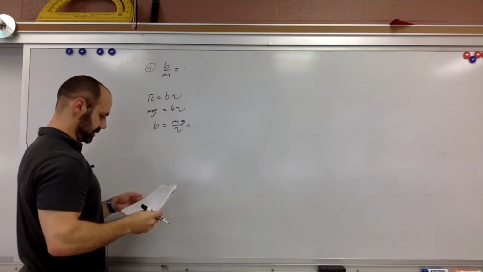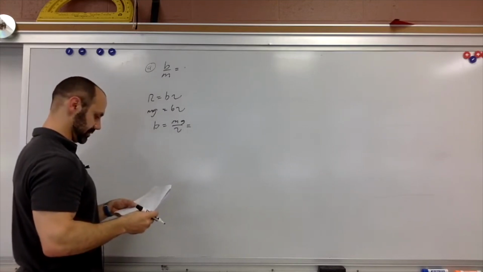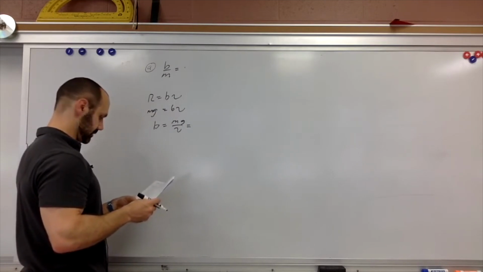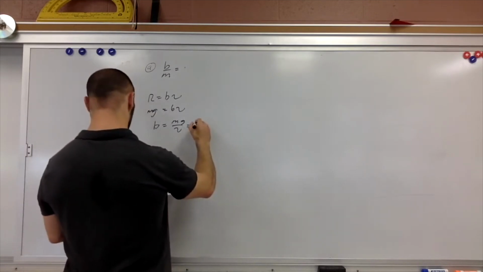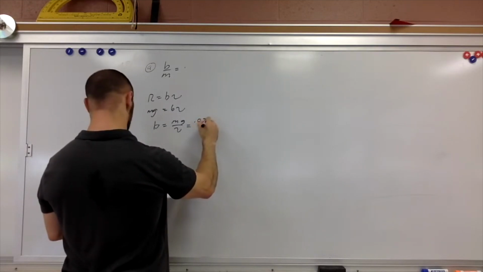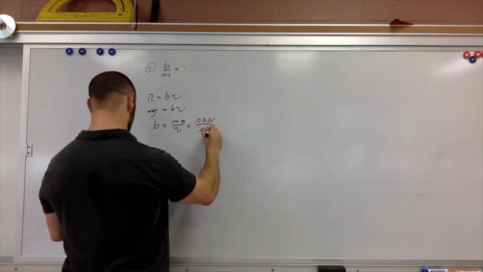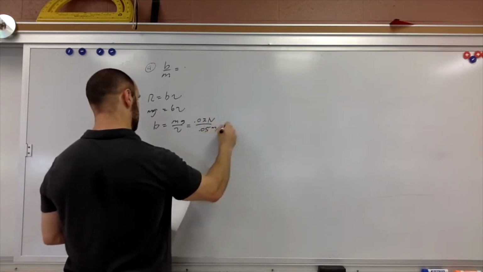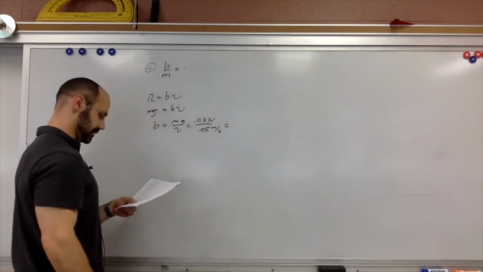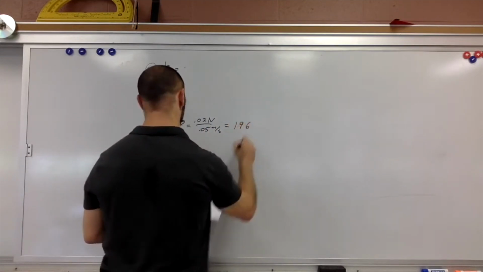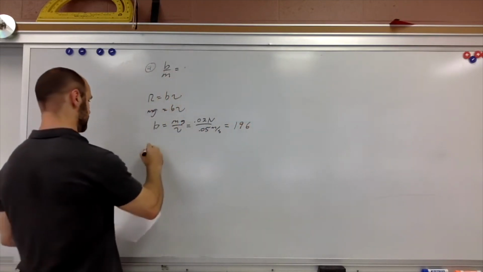This thing has a mass of 0.002 kilograms, and the velocity is 0.05, so 0.02 newtons over 0.05 meters per second. So b is going to be 196. Right, so that's part A.